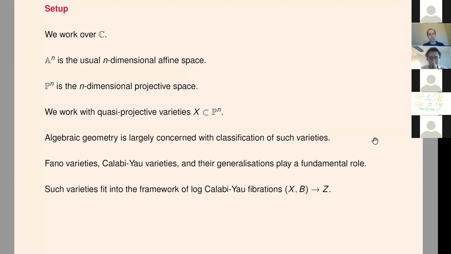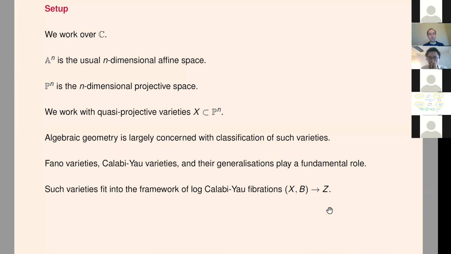As we saw in the previous lecture, algebraic geometry is mostly about classification of this kind of variety. Fano varieties and Calabi-Yau varieties, and also their generalizations, play a really important role in this classification theory. But I hope also to tell you that they are important for other reasons, even if you don't care about classification.